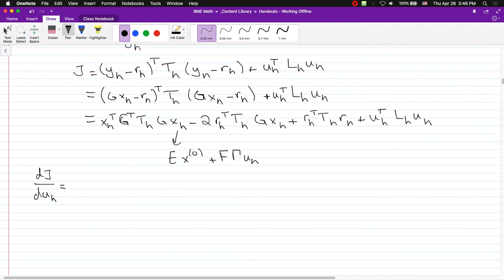XH is going to have a UH in it, and that's going to be a quadratic form in UH. So this doesn't matter. This is the one that we care about. So we're going to get a 2 in the front, and then you're going to have a vector form that has to end with UH. So it's going to look like this.